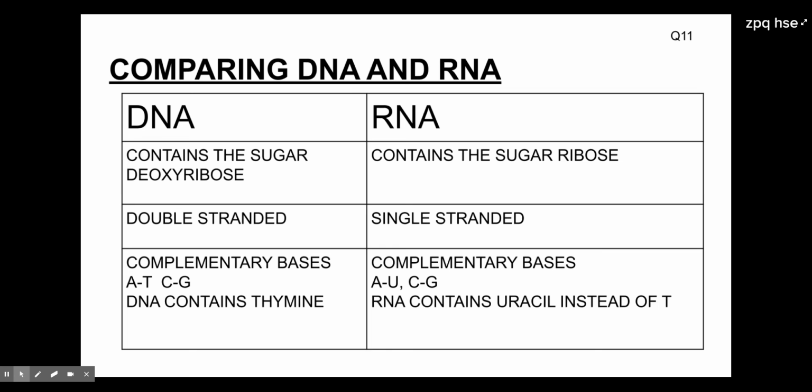Also, remember the T gets replaced when you're making an RNA. So A binds to U. But if you're going from DNA to RNA, the T binds to A. So just make sure that you understand what the two strands are.